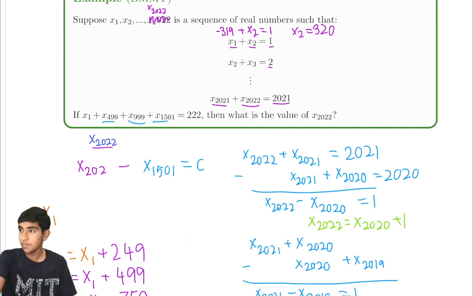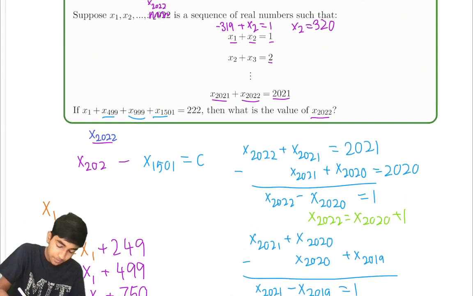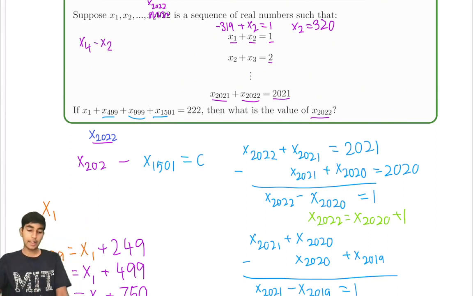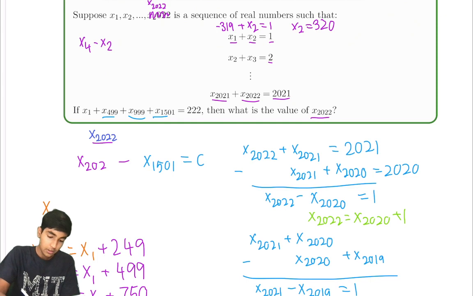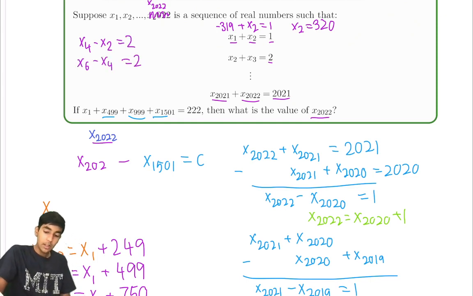Right? Okay, and now what we must do is see that x of 2022, remember, after every 2, the x value increases by 1. So x of 4 minus x of 2 is 1, x of 6 minus x of 4 is 1.